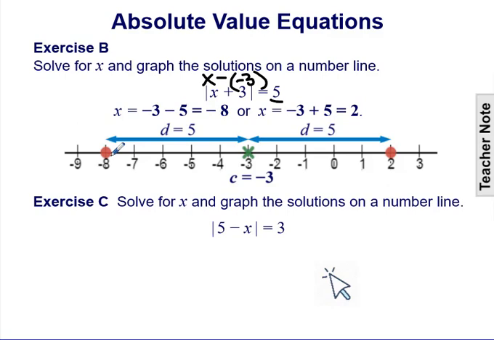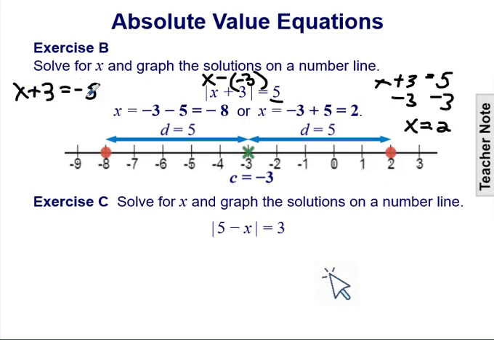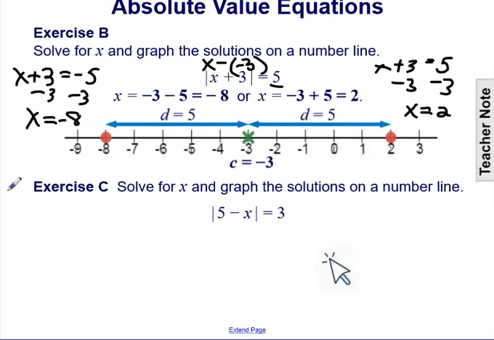So 5 to the left would bring us to negative 8, and 5 to the right would bring us to 2. Algebraically, if we set up x plus 3 is equal to 5 and subtract 3, that brings us to our first solution of 2. And if we set up x plus 3 equals negative 5 and subtract 3, it brings us to our other solution of negative 8.